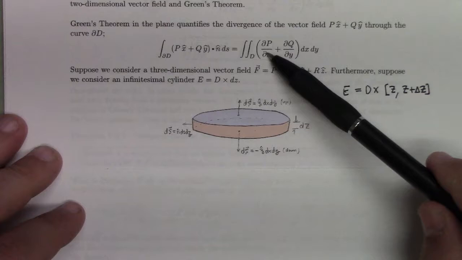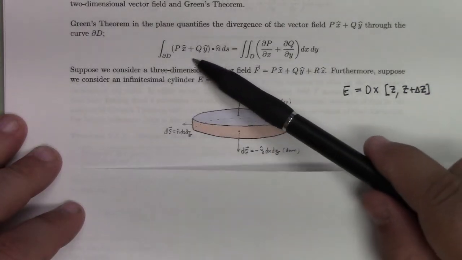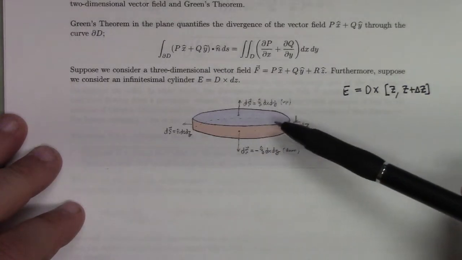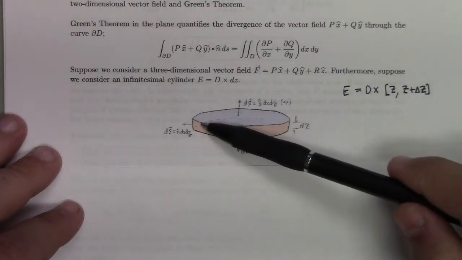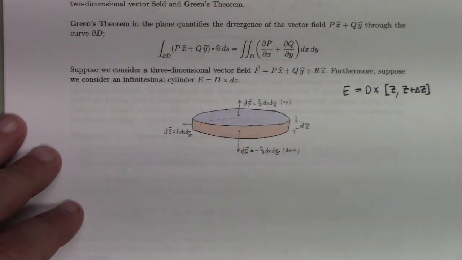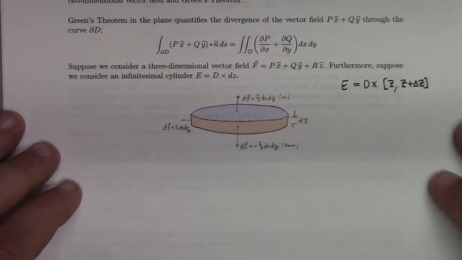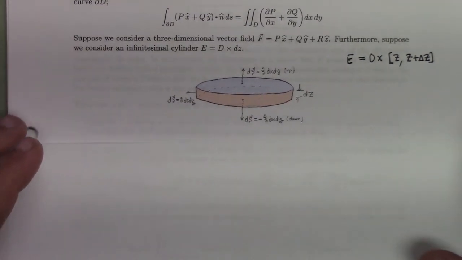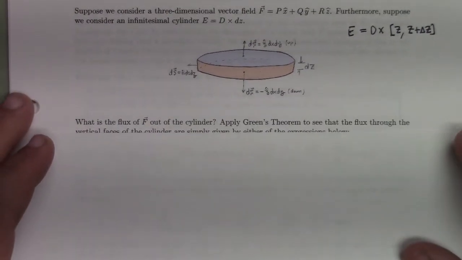And if it's very small, I can just multiply this by delta Z to get the flux through the curved edge. That's the one idea. I'm connecting the idea of two-dimensional flux through a curve to three dimensions in perhaps the natural way, although admittedly there's a bit of a jump there.